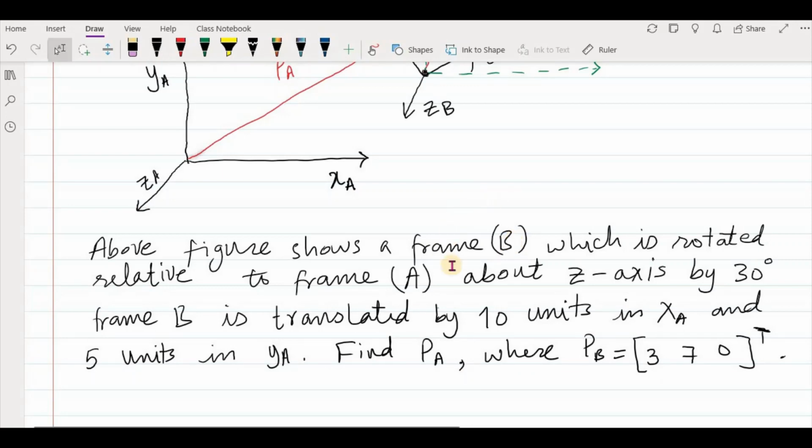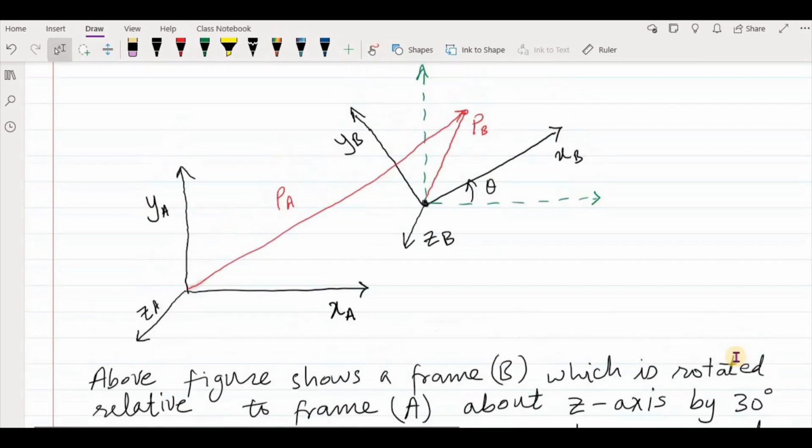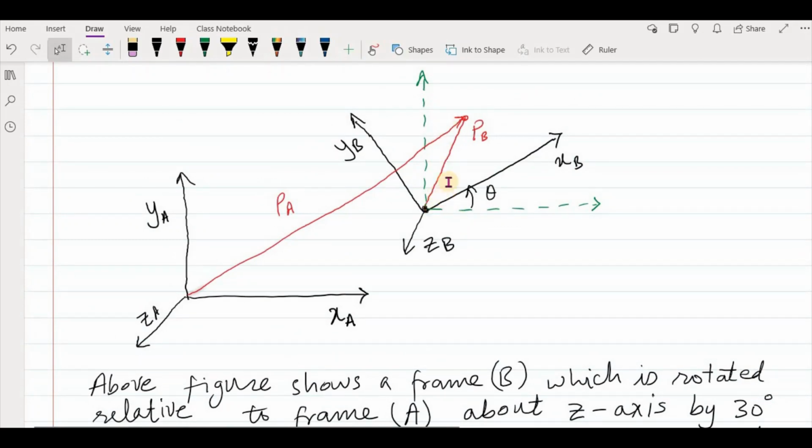So clearly here you see that we have been given a position vector of frame B, which is 3 along the x-axis, 7 along the y-axis, and 0 along your z-axis. So this position vector B, its value is 3 and 7.